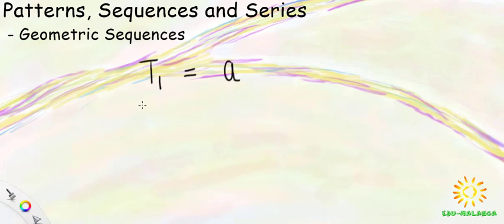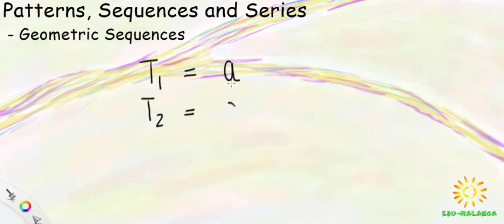To derive the next term, we need to be clear what kind of sequence we're looking at, and we're looking at geometric sequences. So what do you do to term 1 when you are looking at geometric sequences in order to derive term 2? In order to derive term 2, we're going to have to do something to this term. For geometric sequences, that thing that we do with the term is we multiply it by something.